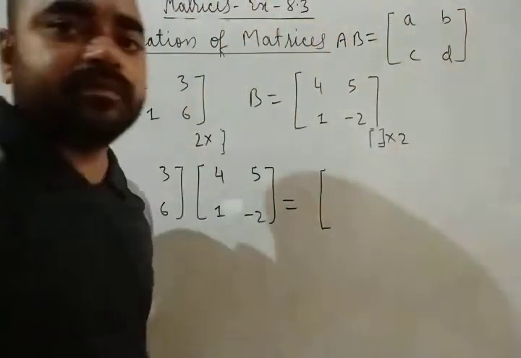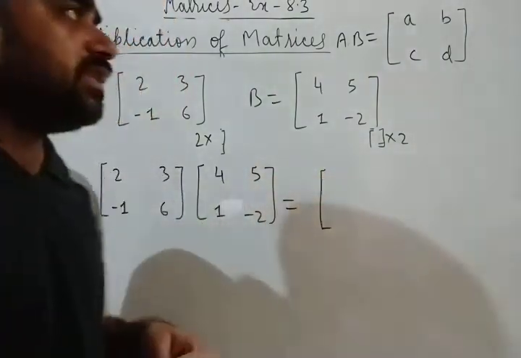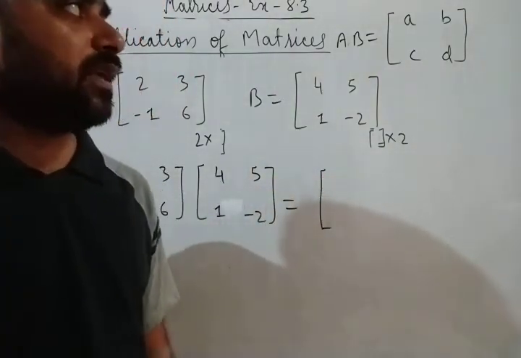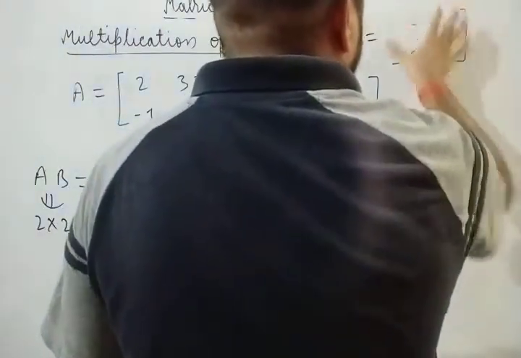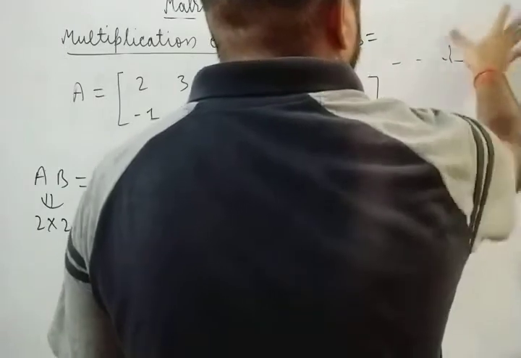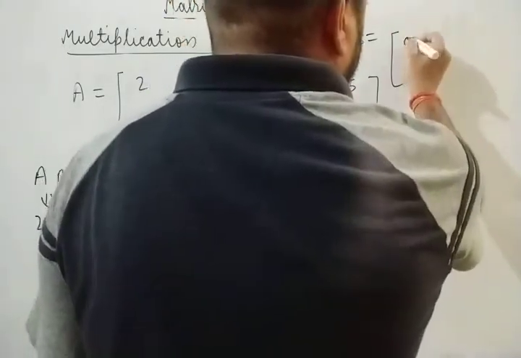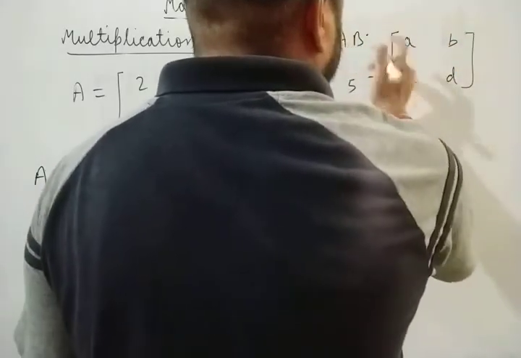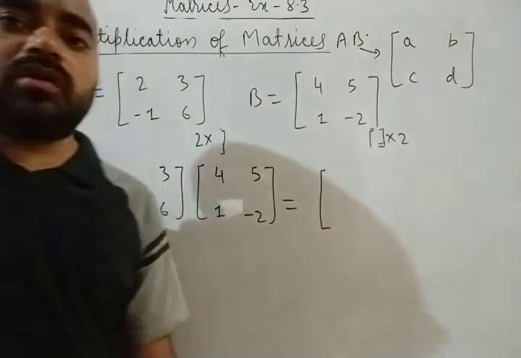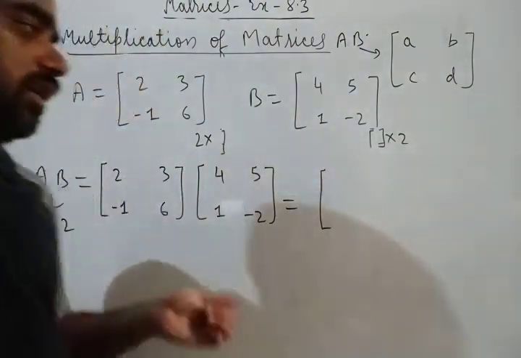Correct or not? 2 rows, 2 columns. Why 2 by 2? Now how to obtain the elements?